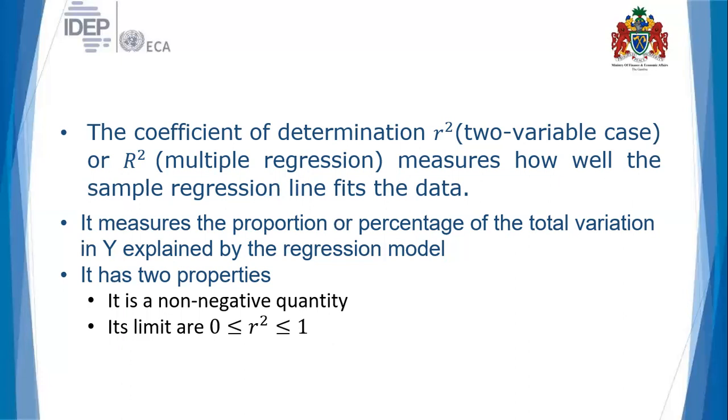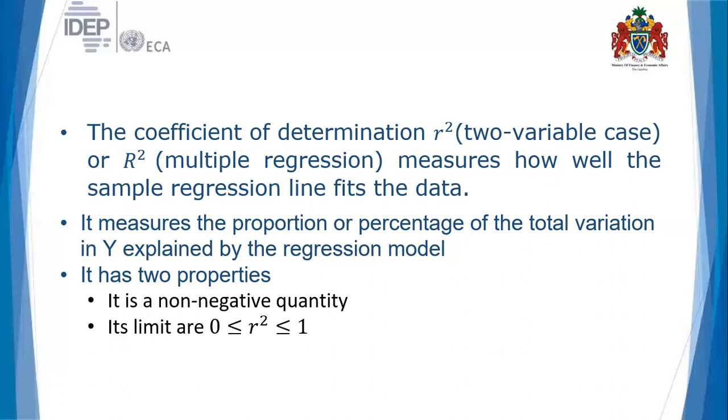On the other hand, if the coefficient of determination is 0.9562, which is close to 1, it means our fitted sample regression line or model explains about 95% of the variations in Y, or the dependent variable.